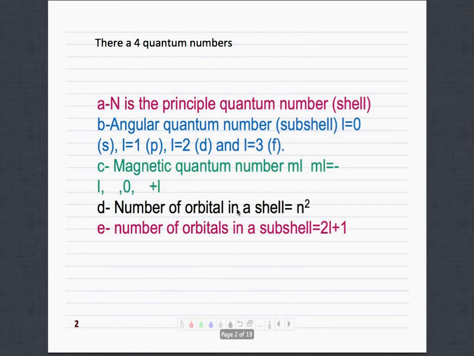That's if we want to know how many orbitals are in a shell. Now, the number of orbitals in a subshell is equal to 2L plus 1. So that sums up every rule that we learned the last time.